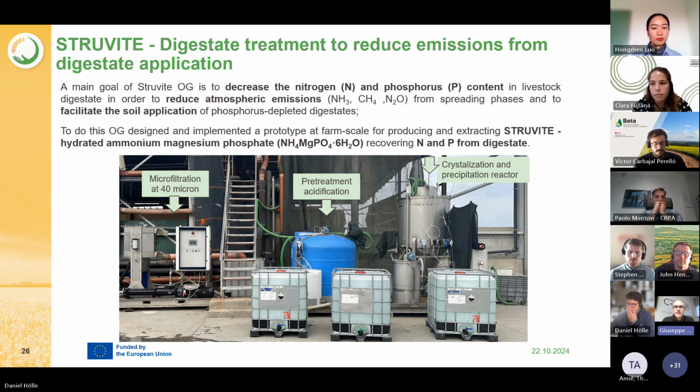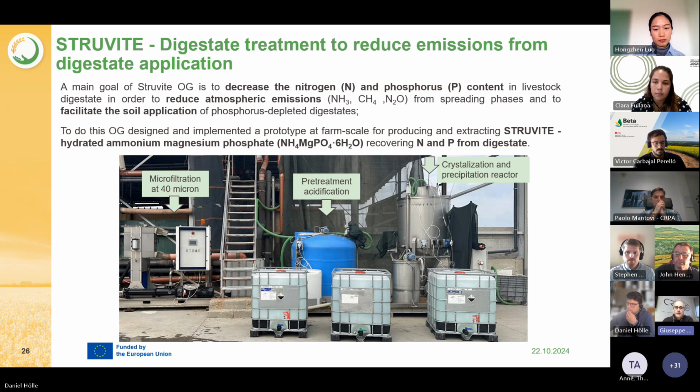The next webinar will illustrate in more detail the treatment process and efficiency. The struvite pilot was installed after the biogas plant of a pig livestock farm, and it treats the digested clarified liquid fraction produced by a screw press solid-liquid separator.